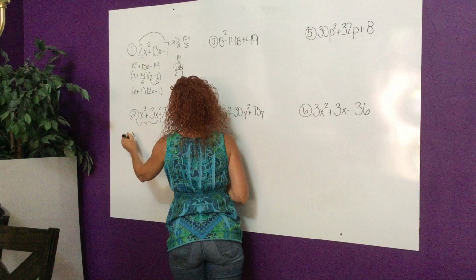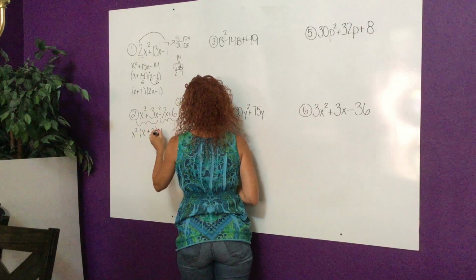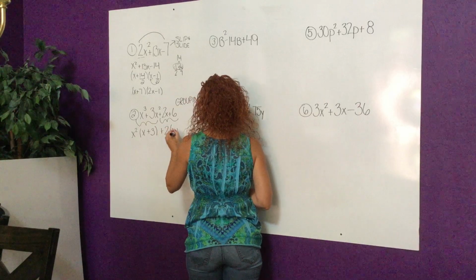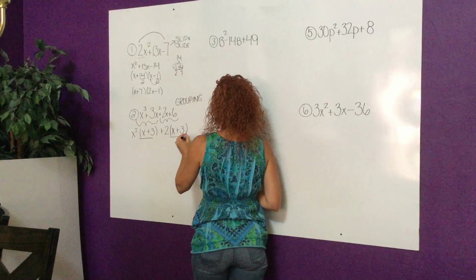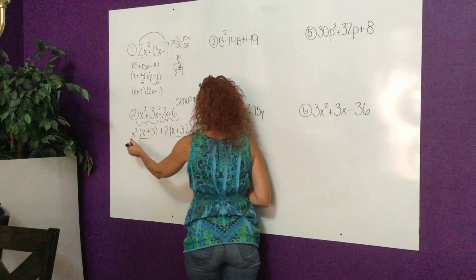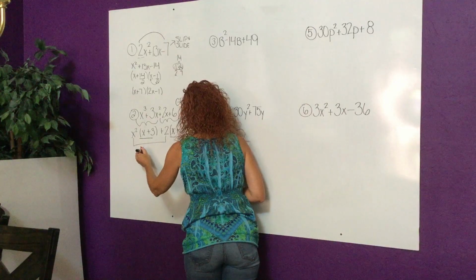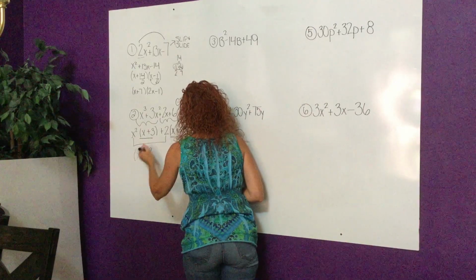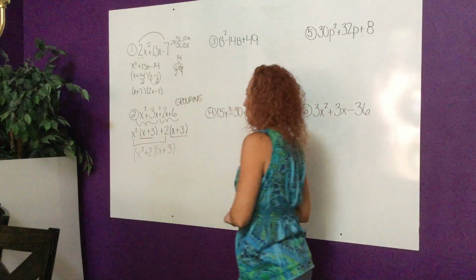So I can take an x squared out of the first 2. I can take a 2 out of the back 2. This does match. So when the parentheses match, we group these 2 items together. And then we just rewrite that x plus 3 in the back.